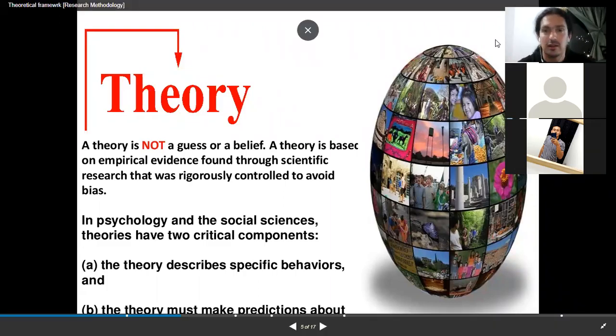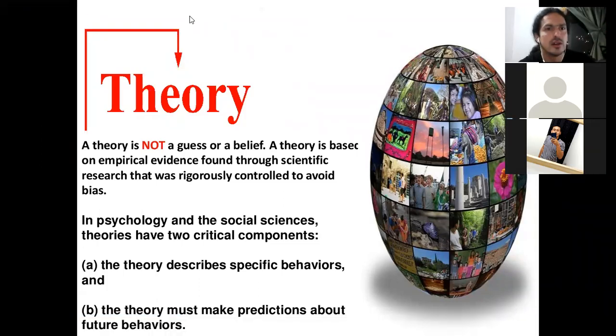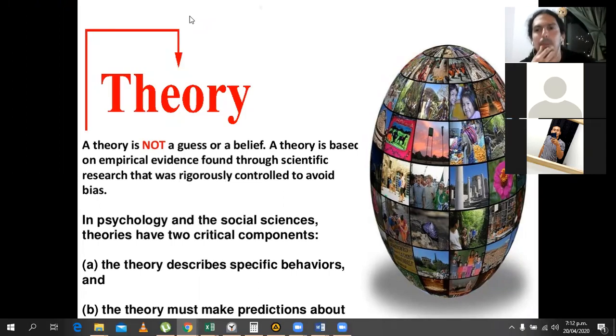But how could a discovery become a theory? Maybe I'm going to reshape this. Maybe not discovery, but the results of the study, the findings. Yes, of course. That is going to help us understand the phenomena in a very good way. How can a finding become a theory? That's the theory.